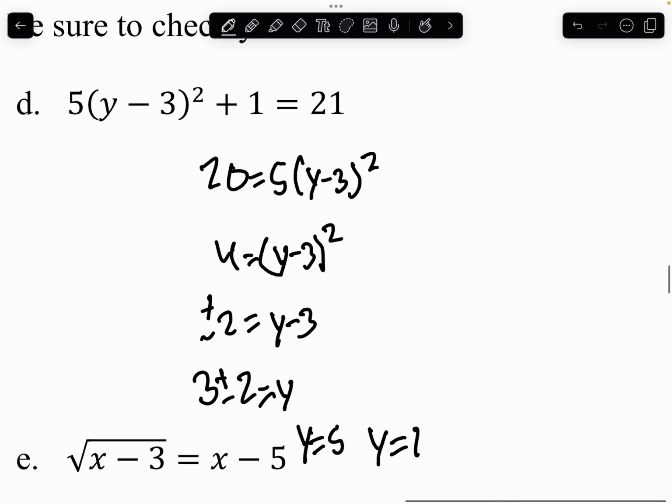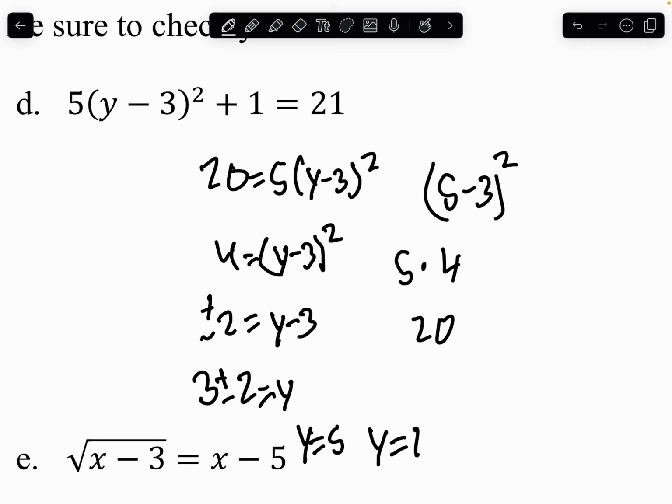And now I'll check them. 5 minus 3 squared is 2 squared, which is 4. 4 times 5 is 20. 20 plus 1 is 21, so that works for 5.